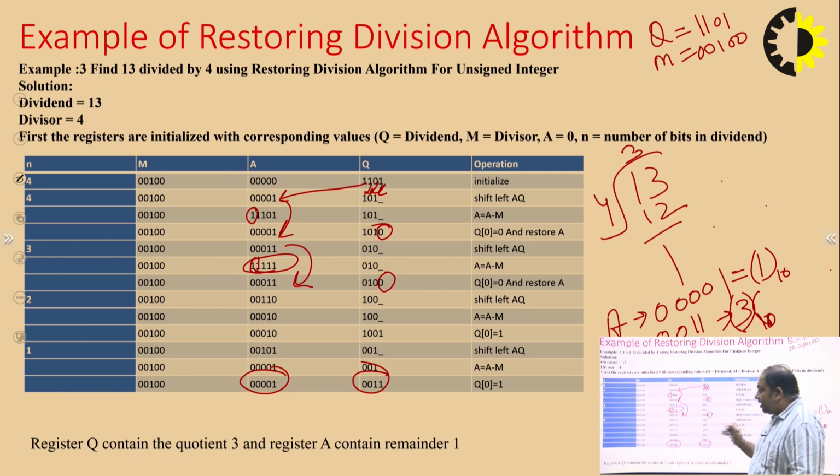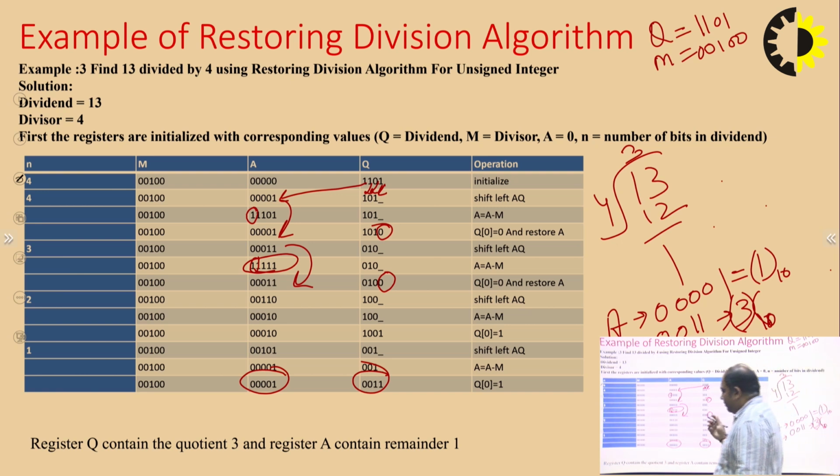By restoring the values of A, we are making it complex, or we can say it slows down the process of division. So there is another way of division which we call non-restoring division, which has a different flow chart and a different hardware implementation, but it is faster than restoring division.